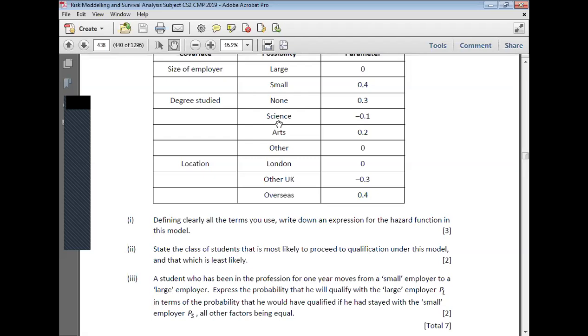So we'll see where his chances are higher of getting qualified. So we want to see whether this person getting transferred to a large employer was that helpful in terms of his being qualified or not. Maybe that is what you want to answer by raising this particular question.